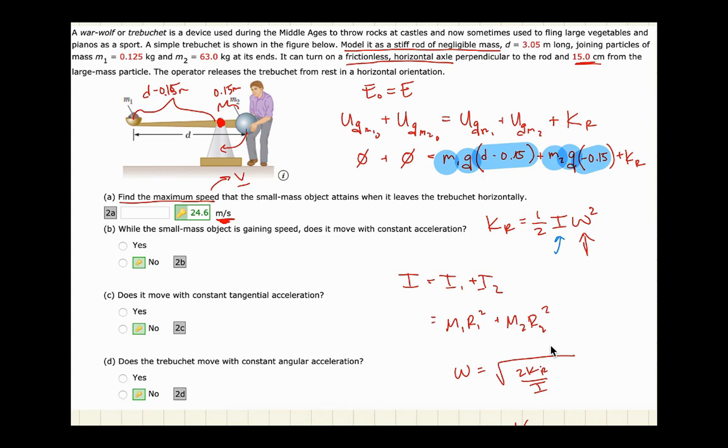Now, the rest of these are conceptual. So while the small mass object is gaining speed, does it move with constant acceleration? The answer here is no. And actually, for all of these next three questions, the answer is no. And the reason is the same for all of them, really.